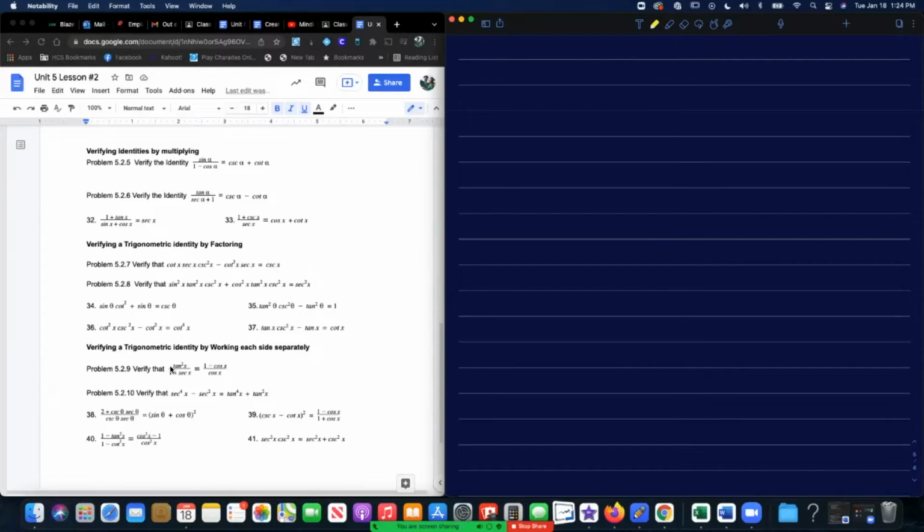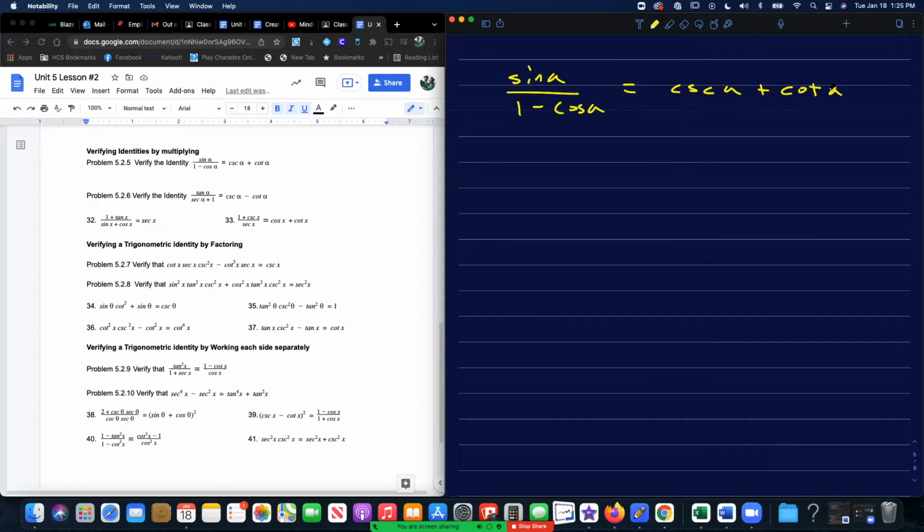All right, let's look at 525. With 525, this one is a little bit trickier, but you could go in two directions here. All right. So the first direction I want to go in is I'm going to use sine of alpha over 1 minus cosine of alpha is equal to cosecant of alpha plus cotangent of alpha.